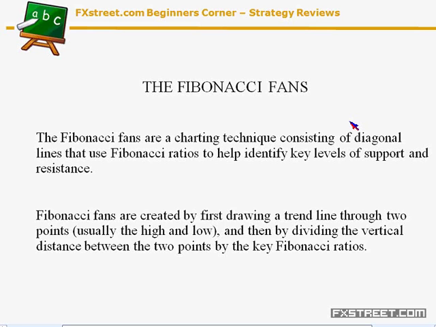These fans are created by first drawing a trend line through certain points, so again, a high and low of a swing, and then dividing the vertical distance between the two points by the key Fibonacci ratios. The result of these divisions each represents a point within the vertical distance, and the fan lines are then created by drawing a trend line from the leftmost point to each of the three Fibonacci ratios, right?